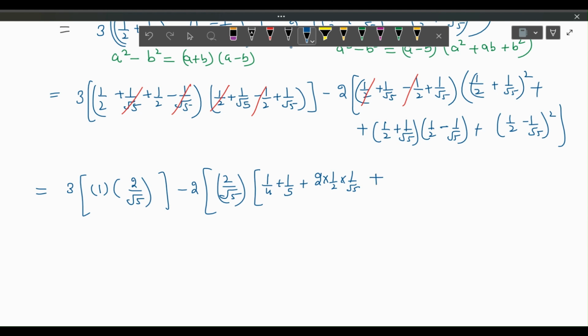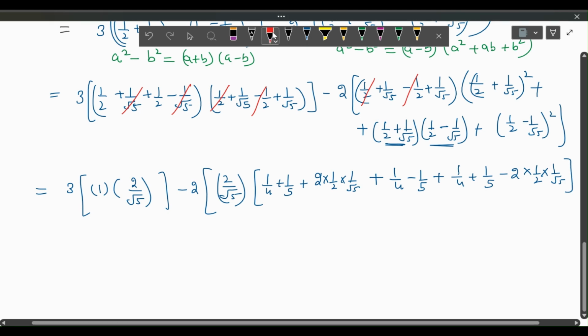Plus here we can use the identity (a plus b)(a minus b), so a square minus b square, so 1/4 minus 1/5. Plus here we can use (a minus b) whole square, so it is 1/4 plus 1/5 minus 2 times 1/2 into 1/√5. So the terms also get cancelled here, these two terms.